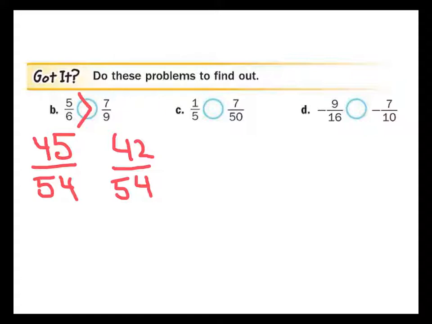Hey, you gotta talk loud, dude. She multiplied 9 and 6 together and got 54. And then on 5/6, she times it by 9. So she got 45 as her numerator. And she did the same thing on the other side, but with 6. So she got 42 as her numerator. Bam. That's good. Thank you, Brigham.